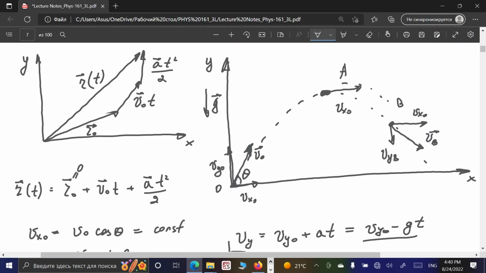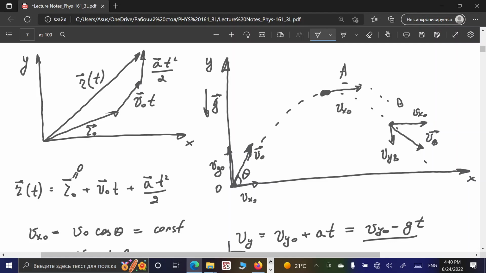So it has only projection on axis y, and on axis x its projection is equal to 0. That means there is no acceleration, no change of velocity component along axis x. That's why we mentioned that Vx remains constant. It doesn't change over time.